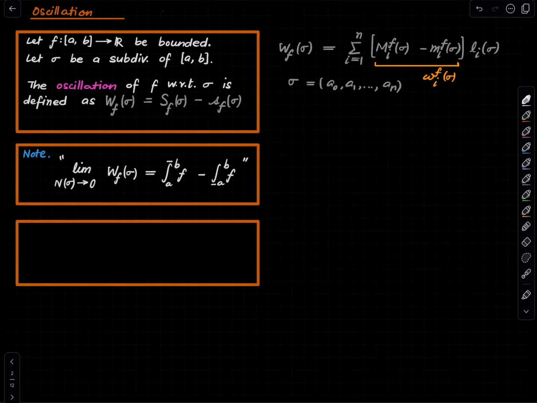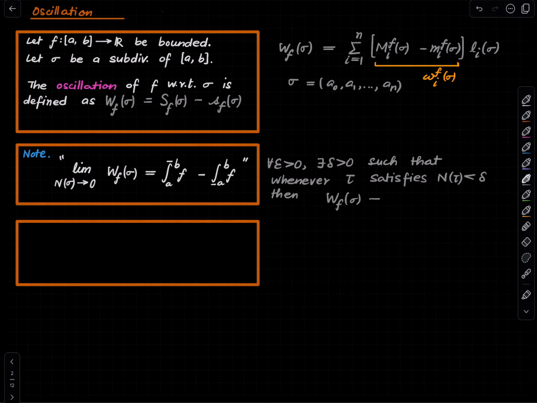So what this means is, again, for each epsilon greater than 0, there is some delta greater than 0 such that whenever tau is a subdivision satisfying the property that its norm is small, meaning less than delta, then this difference is at most epsilon.